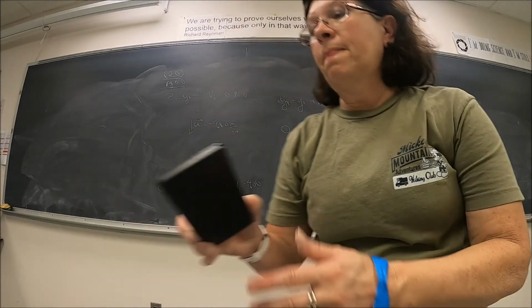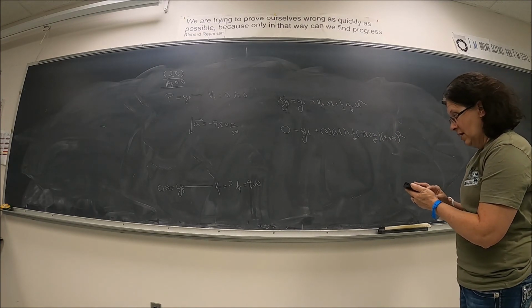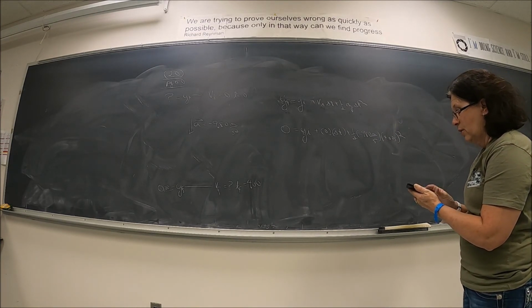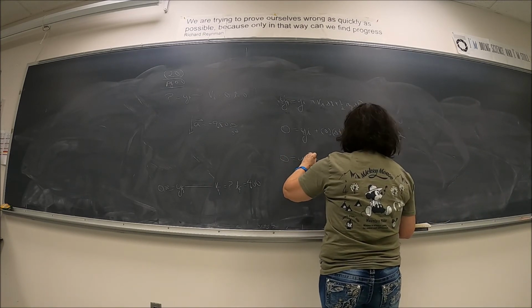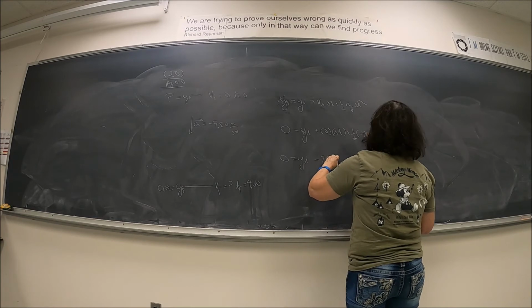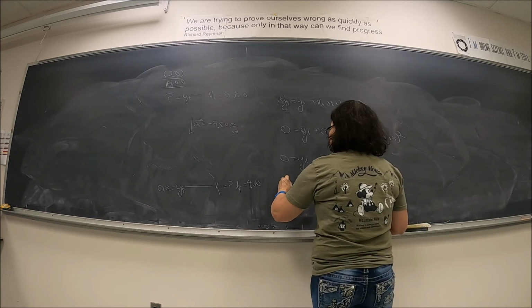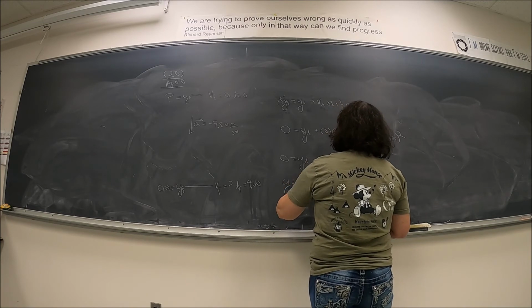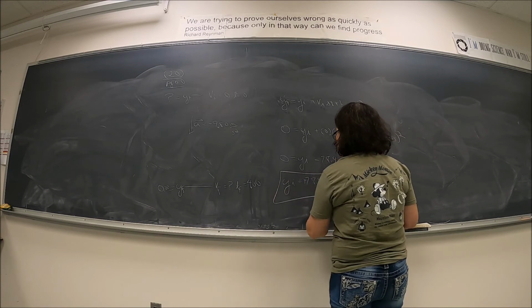So 4 squared times 9.80 divided by 2. So I have 0 equals y initial minus 78.4 meters. So I get y initial to be a plus 78.4 meters.